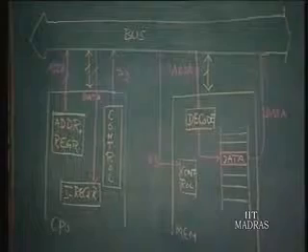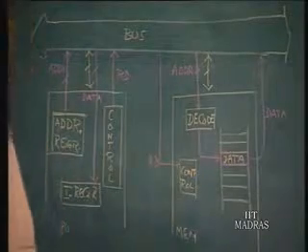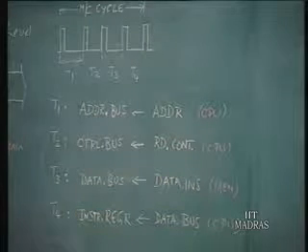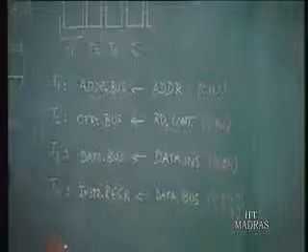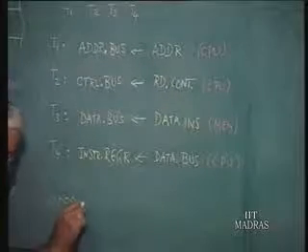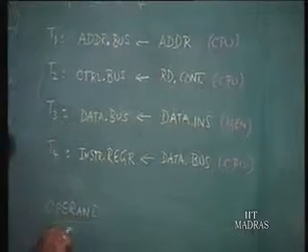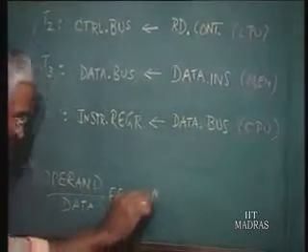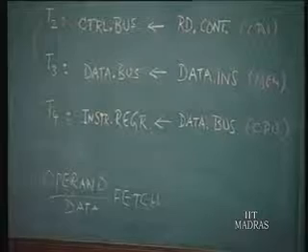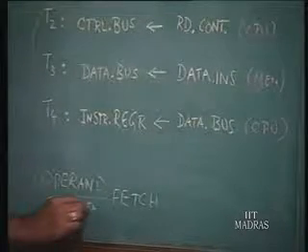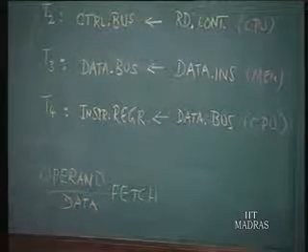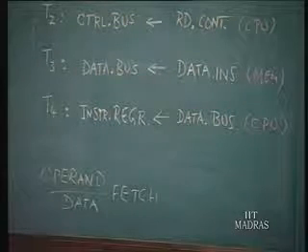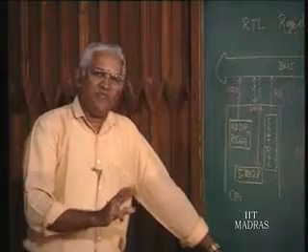Now on the other hand, if it were not an instruction fetch but, say, an operand fetch or a data fetch, which normally we also call data, right? This is why I told you a few lectures before, when we use the term data, be careful. It's a very general term. Operand also will be referred to as data. The contents of any memory location will also be referred to as data.